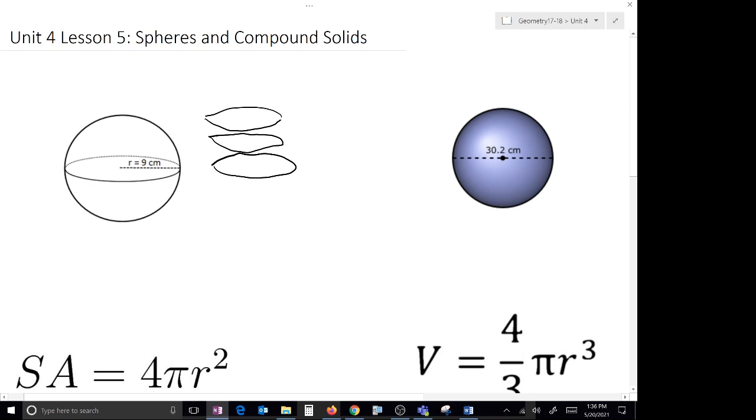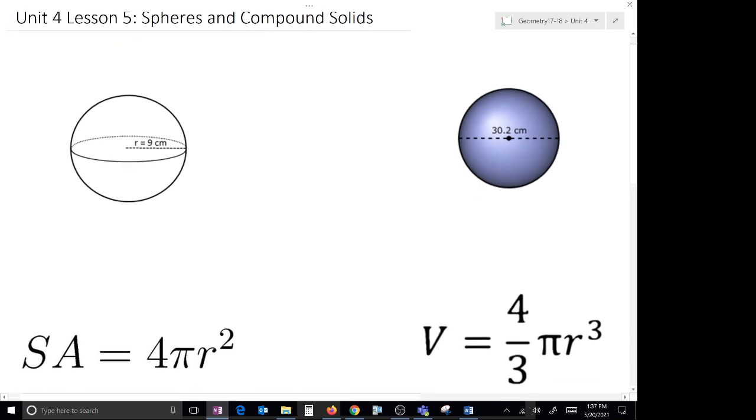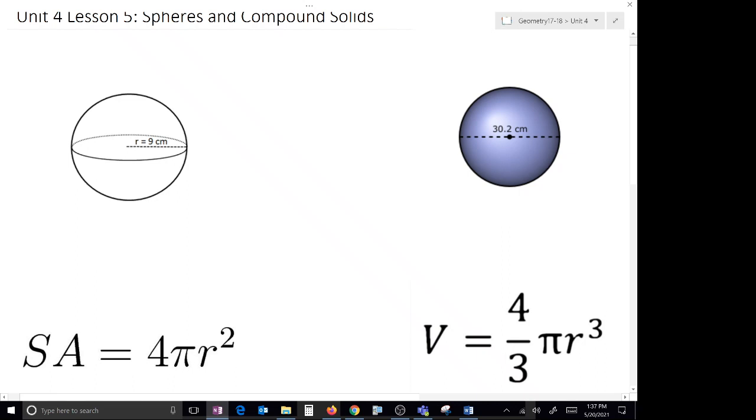So you really can't unwrap a sphere the way you can flatten out a box or a pyramid or cylinder. You could try it with unwrapping an orange, and you can tear it enough so that you could get it to lay flat, but mathematically it just doesn't quite work out.